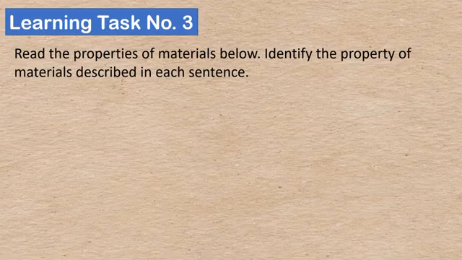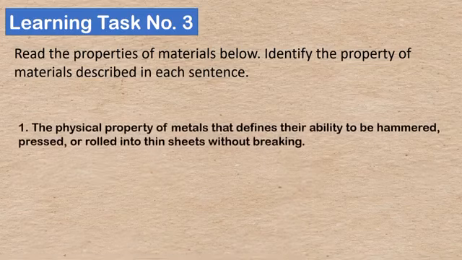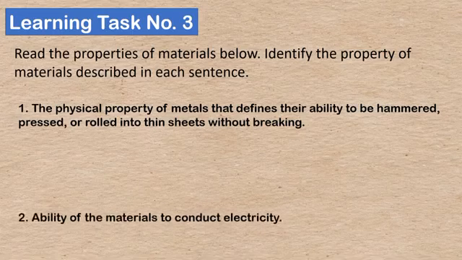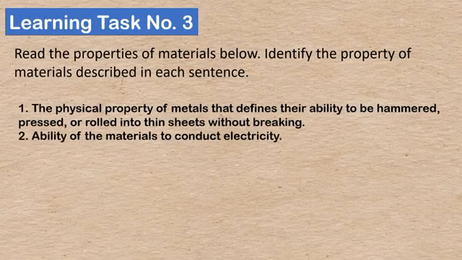Learning task number 3. Read the properties of materials below. Identify the property of materials described in each sentence. Number 1. The physical property of metals that defines their ability to be hammered, pressed, or rolled into thin sheets without breaking. Number 2. Ability of the materials to conduct electricity. Number 3.